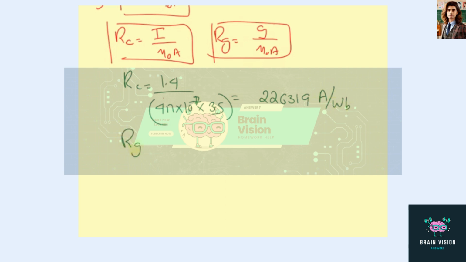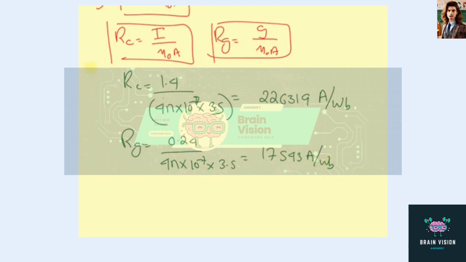Similarly, R gap will be equal to g, which is 0.24, divided by 4 pi times 10 to the power minus 7 times 3.5. So you will get 17,543 ampere per Weber. So that is the value.